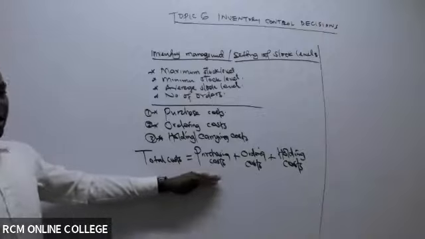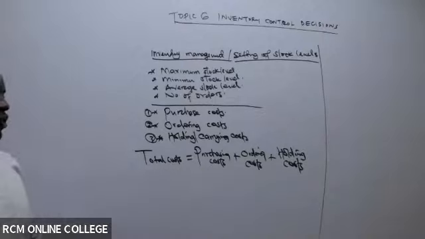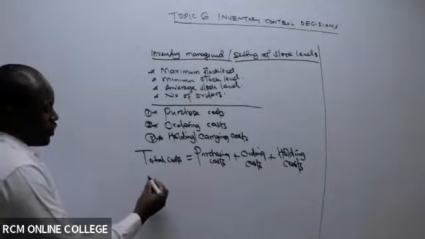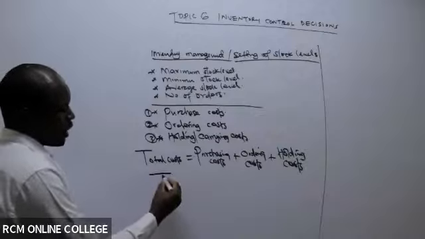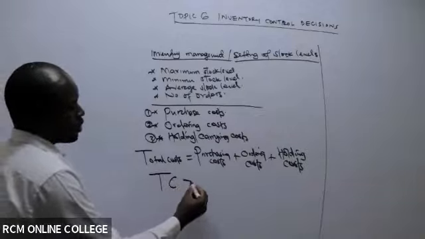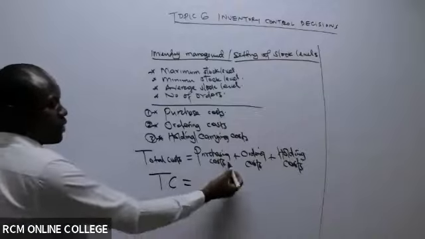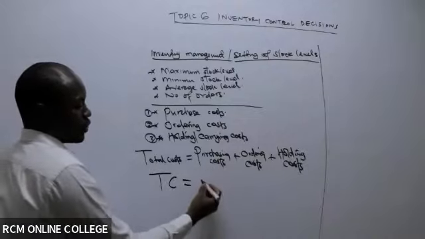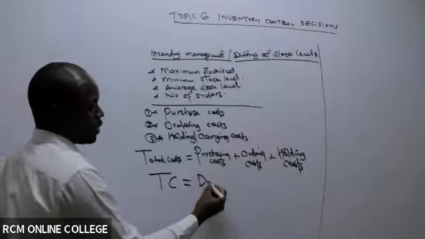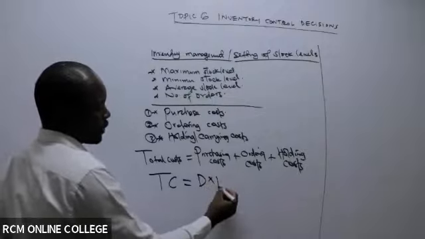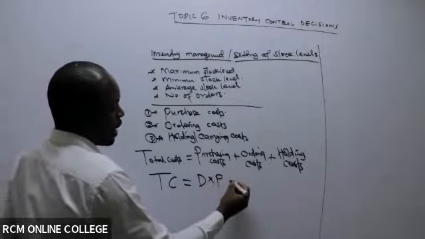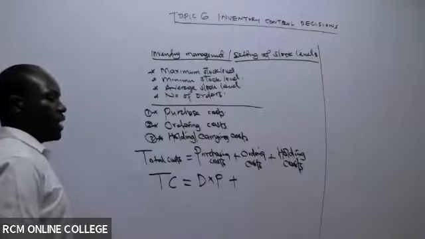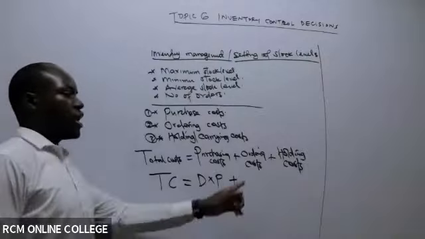You did not stop at this point. You went ahead and told us that our total cost here is equal to purchasing cost. So how do we get the purchasing cost? We took demand times purchase price, that is annual demand, plus we also discussed total ordering cost.